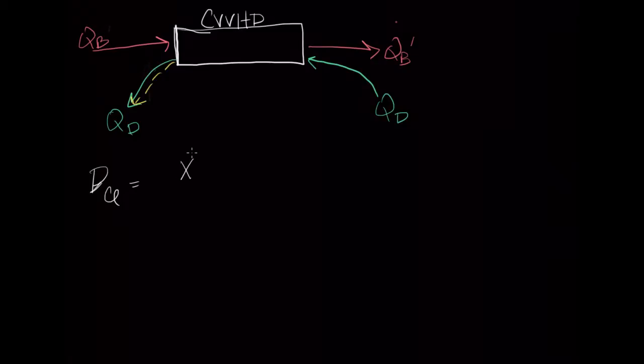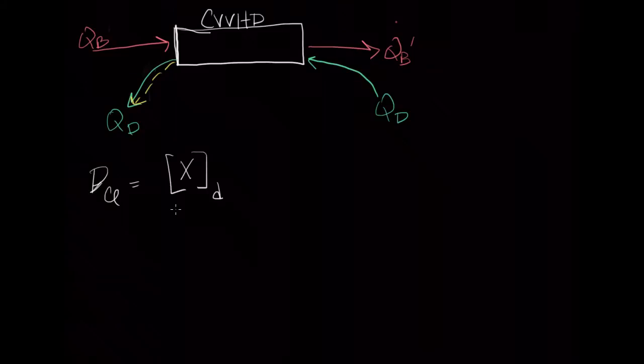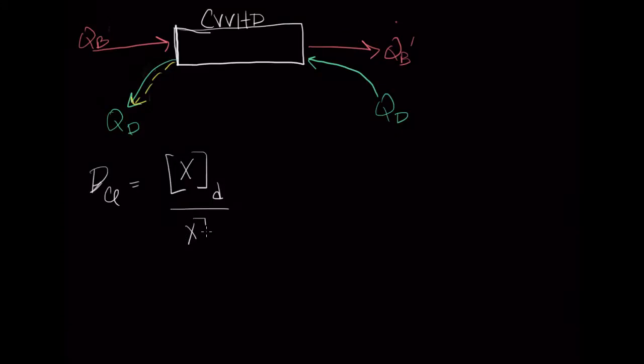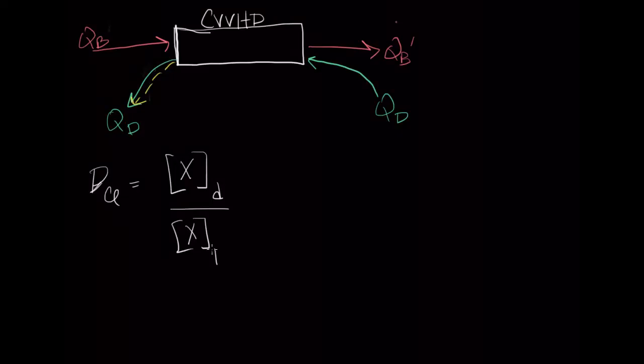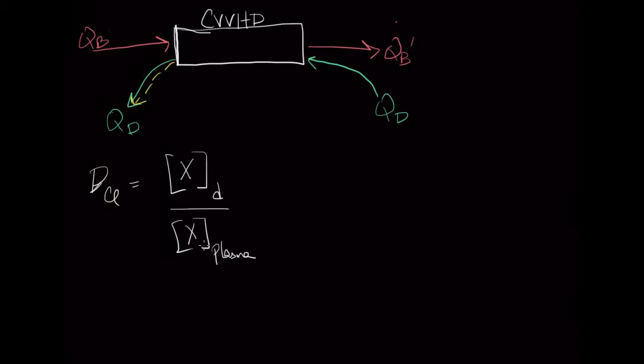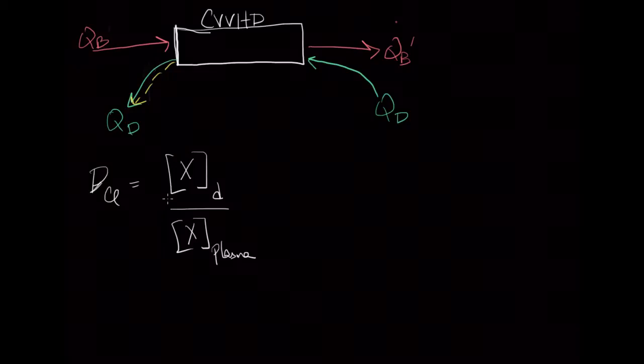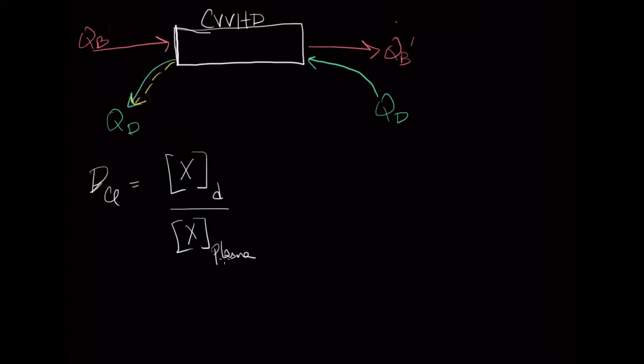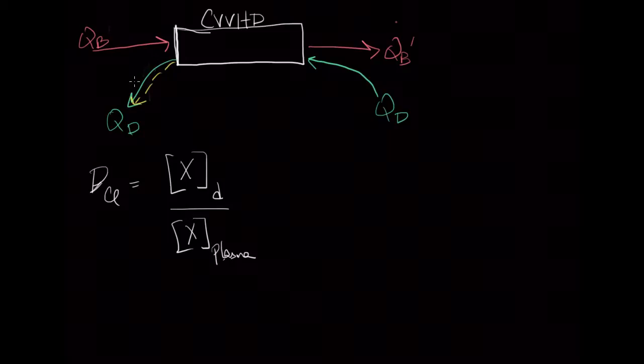So let's just say the concentration of a solute in the dialysate, in this case we'll say D, over the concentration in the plasma or the blood. And of course, plasma concentration is not exactly the same as blood concentration, but for the purposes of calculating a clearance relatively quickly and on the floor when you're dealing with patients, you can equate plasma concentration and blood concentration to each other.